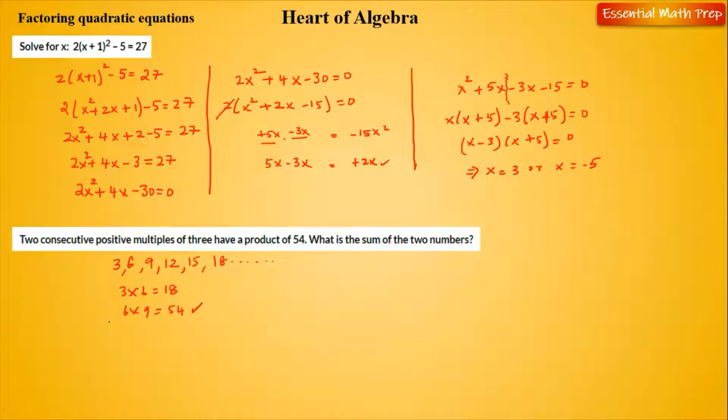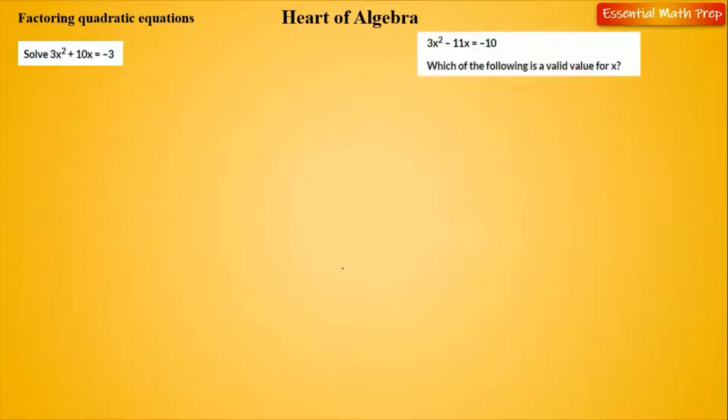But that's not what we are asked to solve. This is the first step in the process. 6 times 9 is 54. So if you sum those two numbers that gave you 54, then you end up with 15. And that's what the question is asking you to solve. Isn't that simple? All right, let's continue.